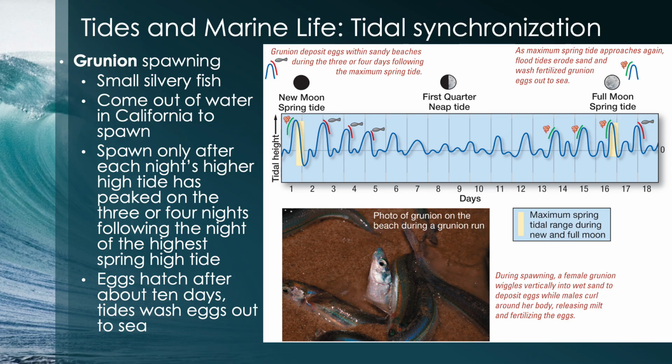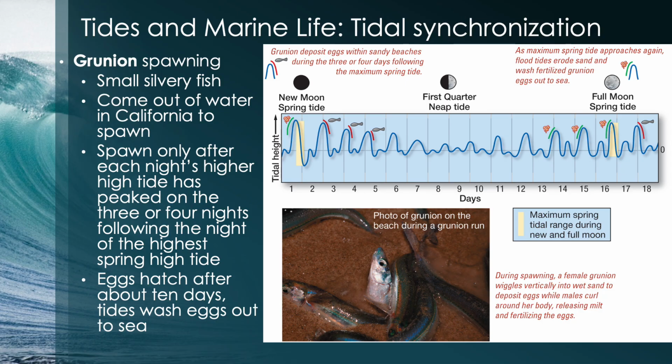They get to develop in the sand, and by the time the tidal cycle, about 2 weeks later, gets back to the spring tide, the eggs are ready to hatch. At that point, as the moon, the sun, and the earth all get lined up into syzygy, the tidal levels rise and reach the point at the beach where those eggs were laid, and then wash them back out, and the little grunions can continue with their life cycles.